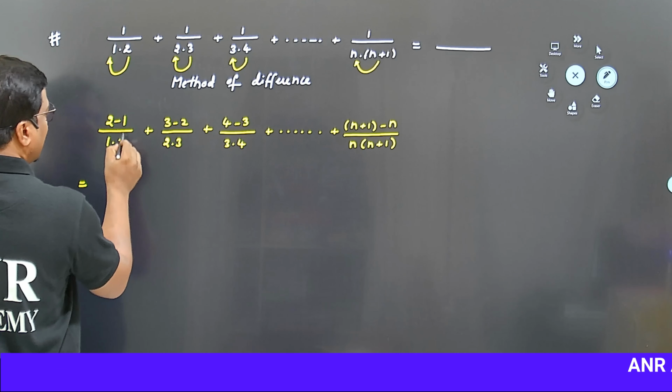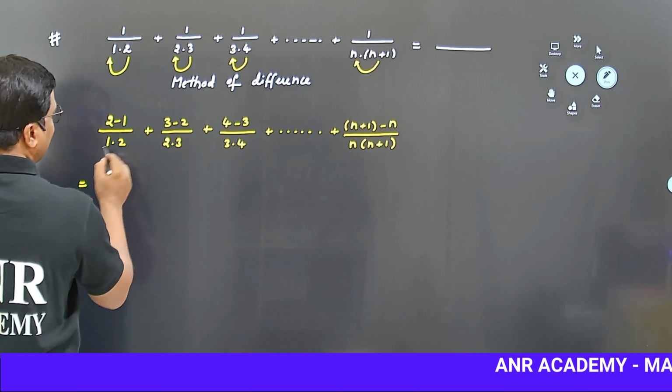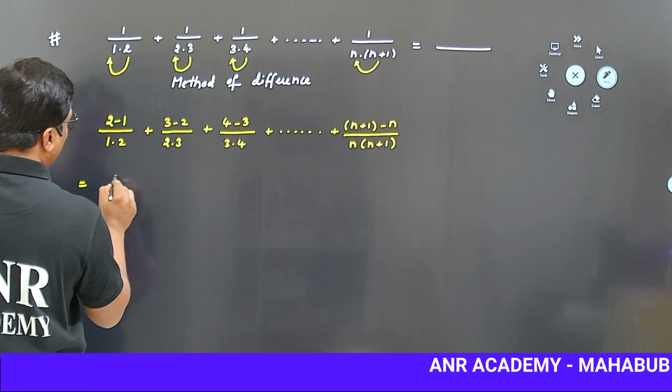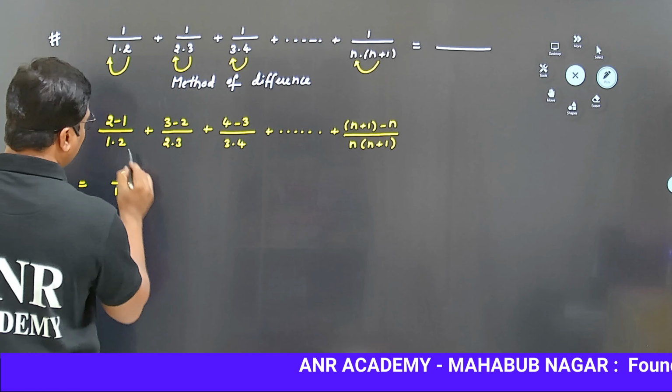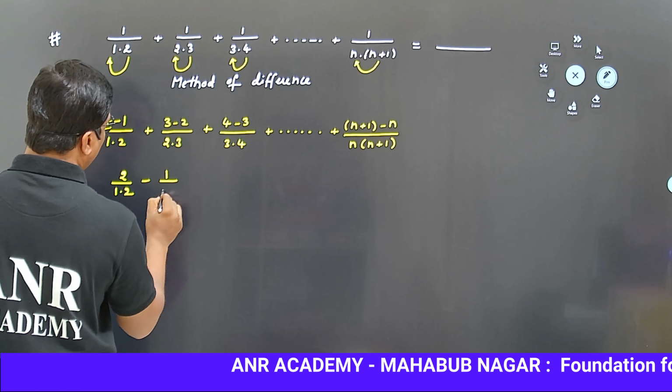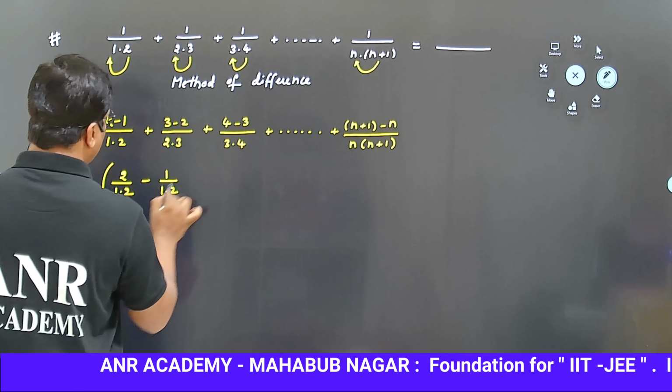Then what happens in the next step, observe. If you divide the first term, it becomes 2 divided by 1 multiplied by 2, minus 1 divided by 1 into 2. This is the first one.